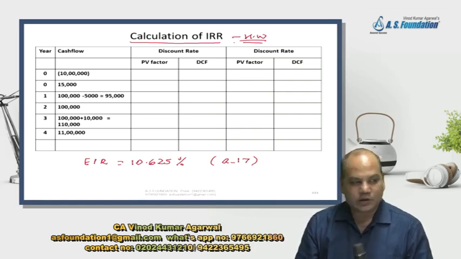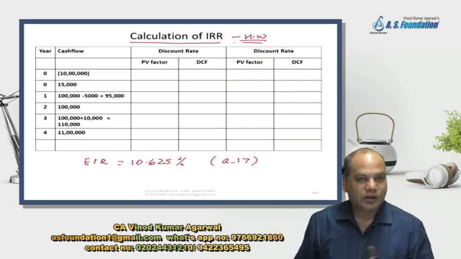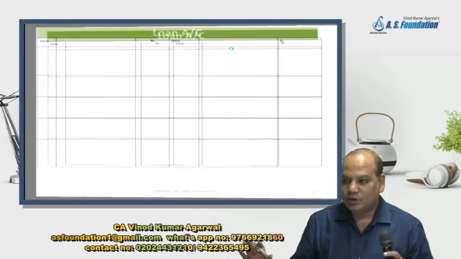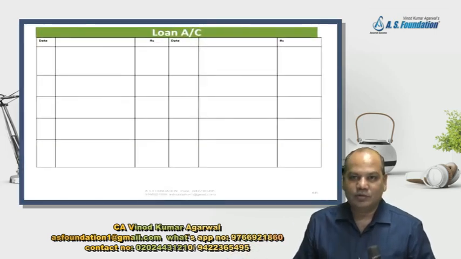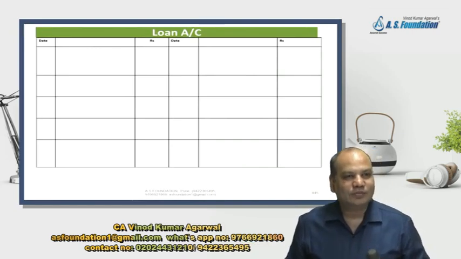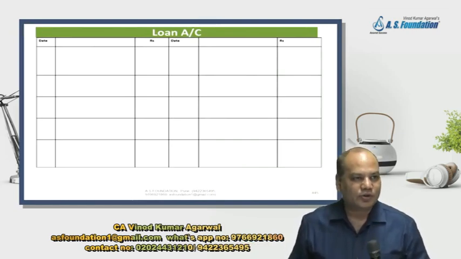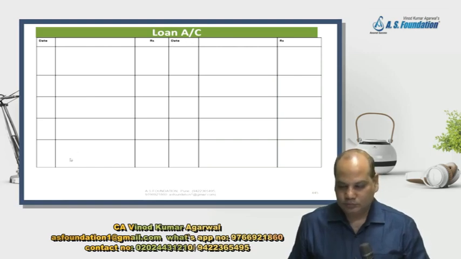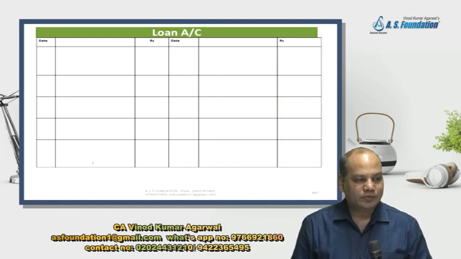Refer question number 17. In the exam, don't write refer question number 17. There are only 6 questions, or 4 or 5 questions, for example. So keeping that question number 17 in front of you, we will solve.